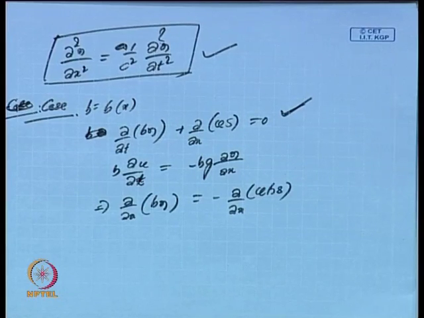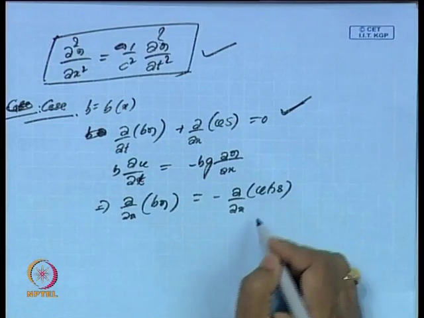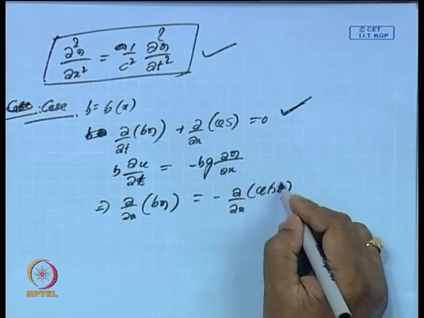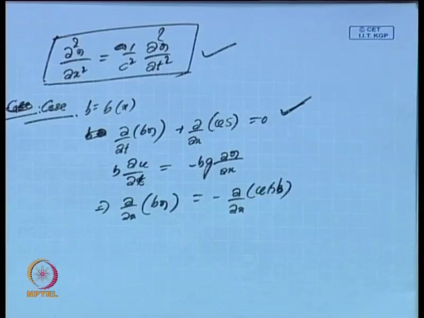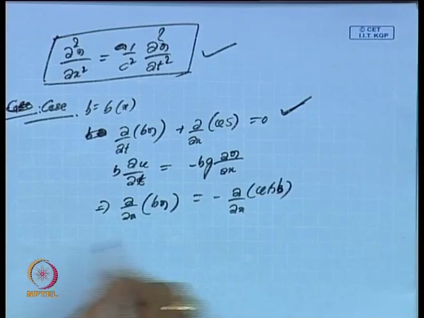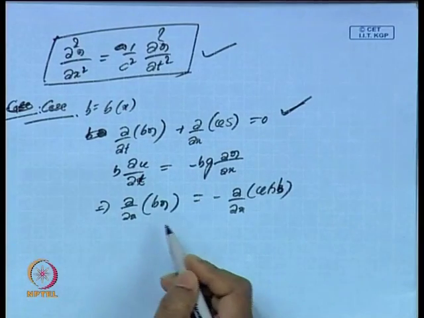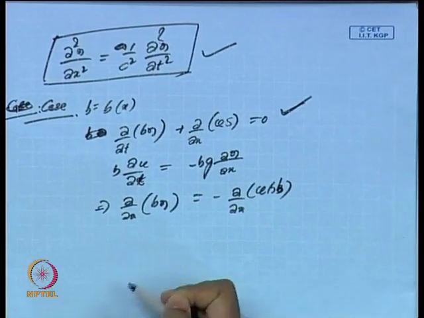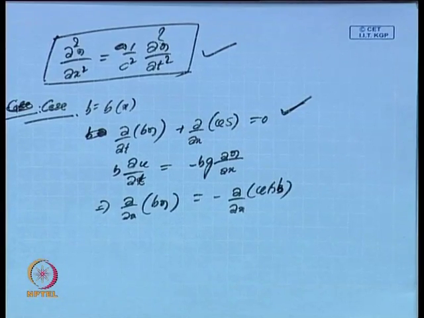that then what will happen, del by del x of b eta. So, u h s, that means u h b. So, if I take del by del x of del square u b, eta is a function of x and t. So, that will give me b del square u by del t square.